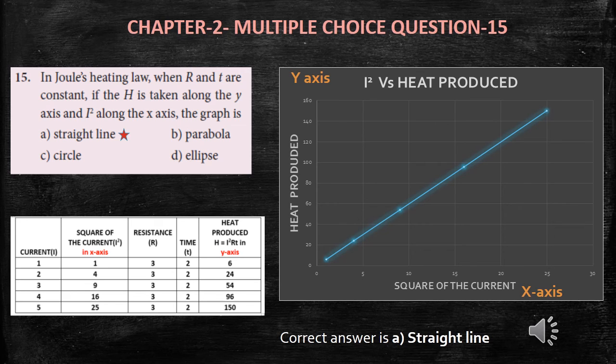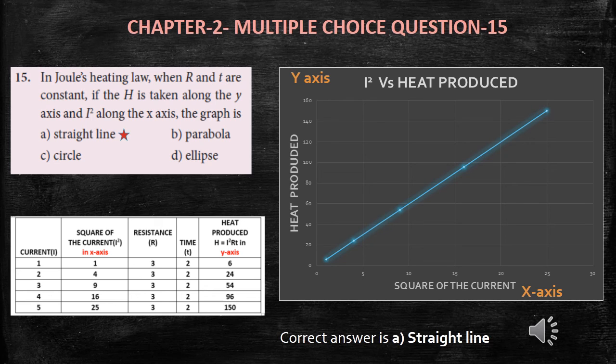5 values of currents are taken and the squares of the currents are calculated. The squares are 1, 4, 9, 16, 25. Here I square values are taken in the x-axis, and heat produced is taken along the y-axis.